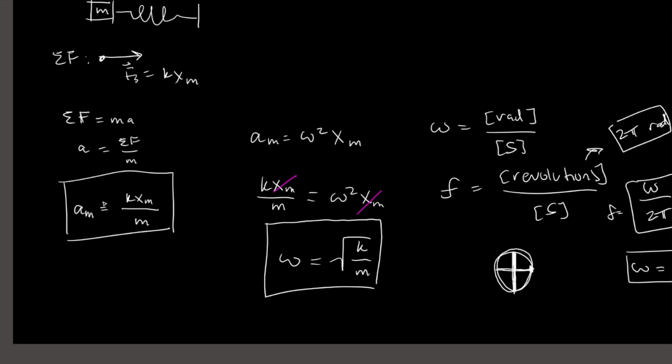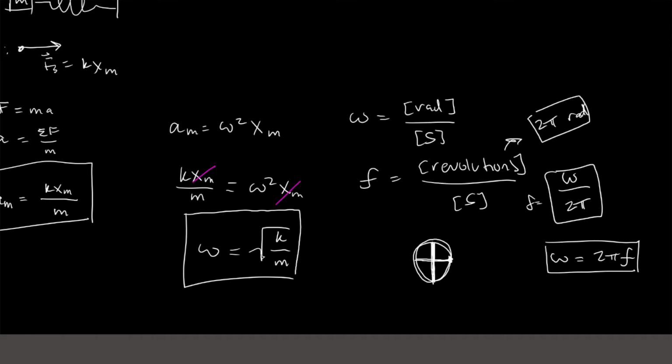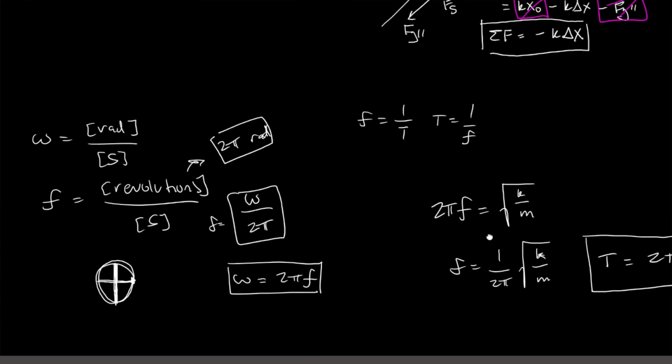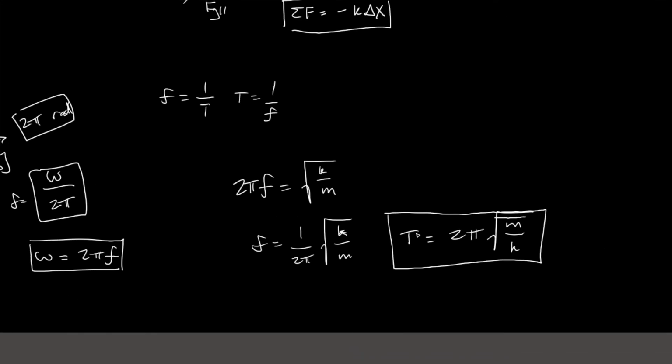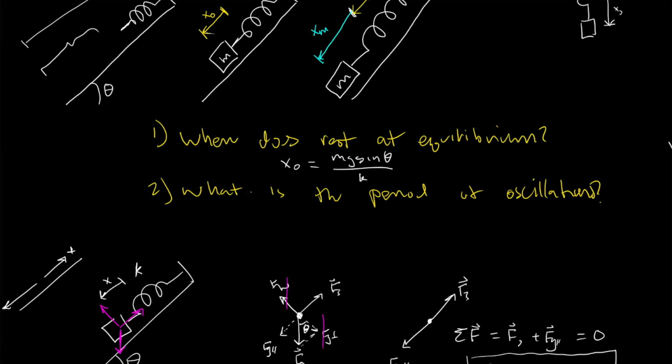So then we can use a max equal to k delta x over m. Then we get omega equals square root k over m. And we get the same result over here of period equals 2 pi times square root m over k. So we have our period equals 2 pi square root m over k.